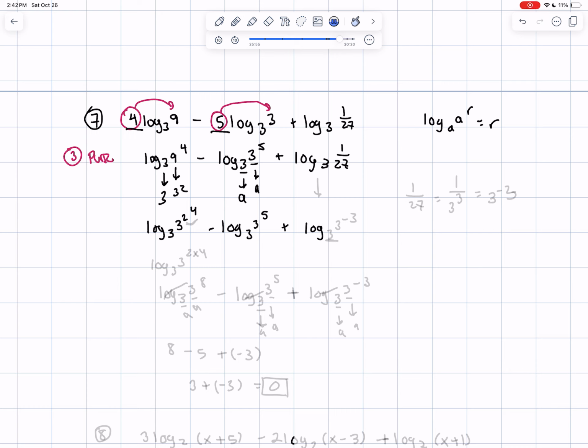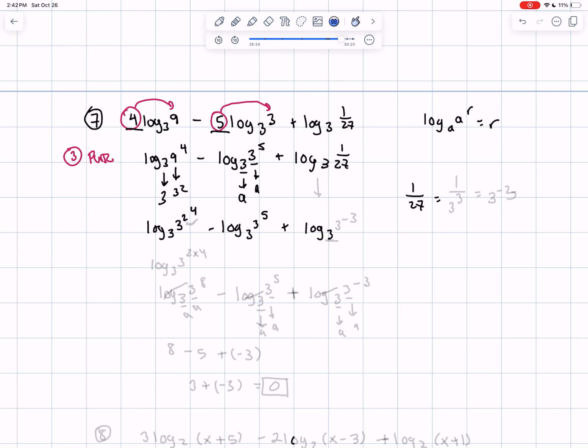Let's do the last one now. We want the base of 3, but right now we have 1 over 27. Well, this is going back to the original chapters, I think in chapter 3, where we turn a fraction into an exponential form. So this guy, 1 over 27, I want to turn 27 into a number raised to a power.